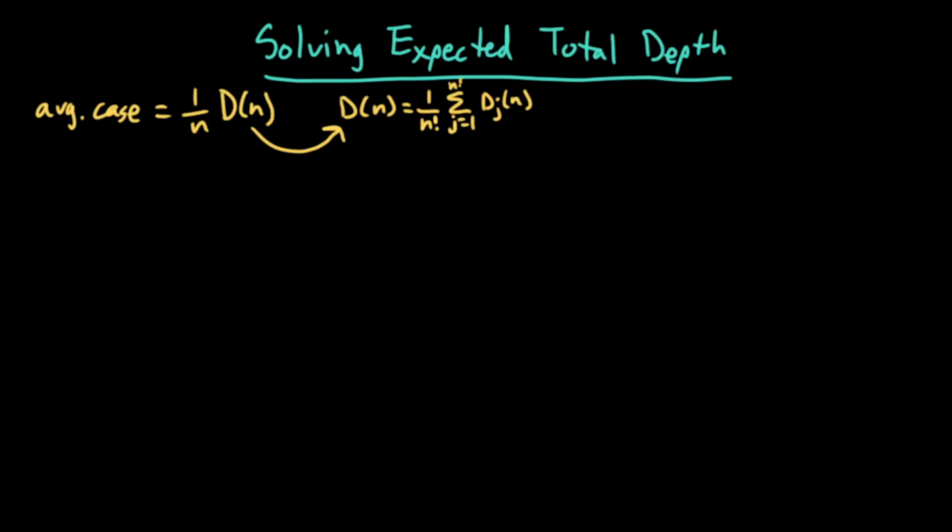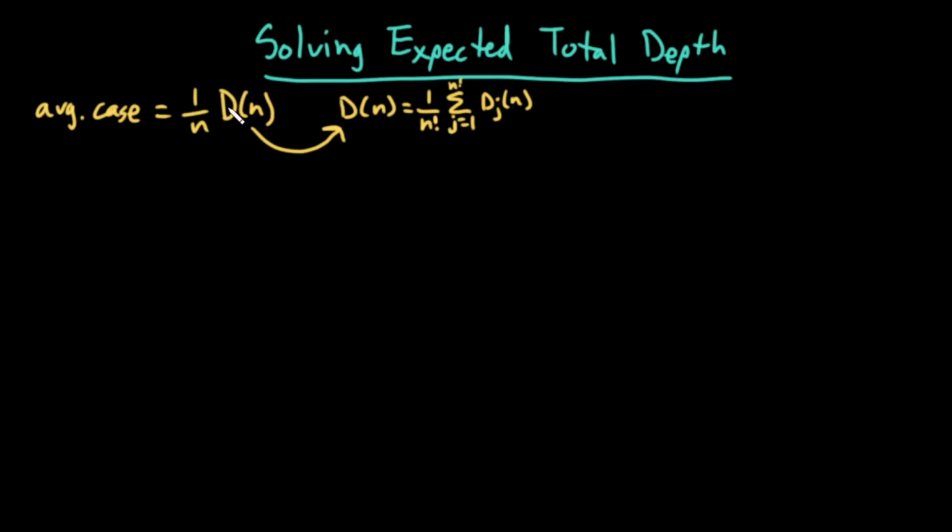So let's quickly recap to make sure we're all on the same page. This all started because I wanted the average case time complexity of finding a node in a binary search tree. And using assumption 1 that all nodes are equally likely to be searched for, I made this equal to 1 over n, so 1 over the probability of searching for any given node, times the total depth of a tree with n nodes.